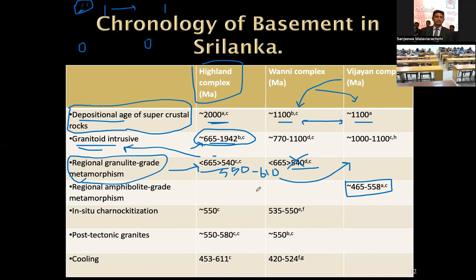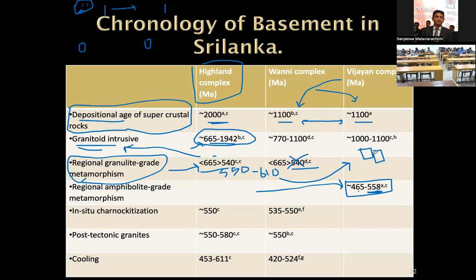And also you can see the granulite phase metamorphism is a little bit delayed in the Vijayan complex. Although it started almost at the same time, like 550, it has continued up to 465 million years. So this age range is a little bit broader compared to the other two. So that means when the Highland and Vanni collided together, the extreme metamorphism took place.